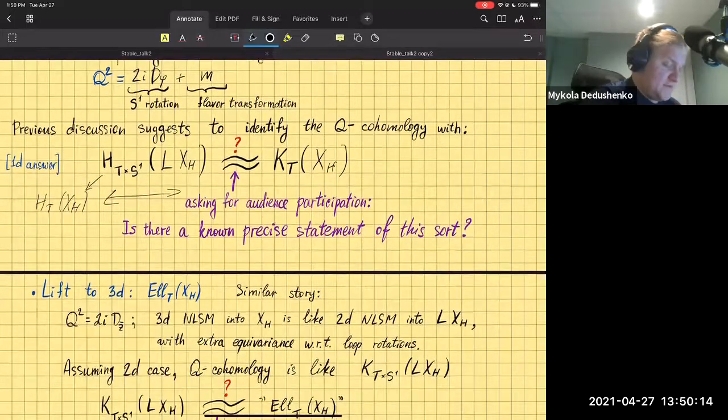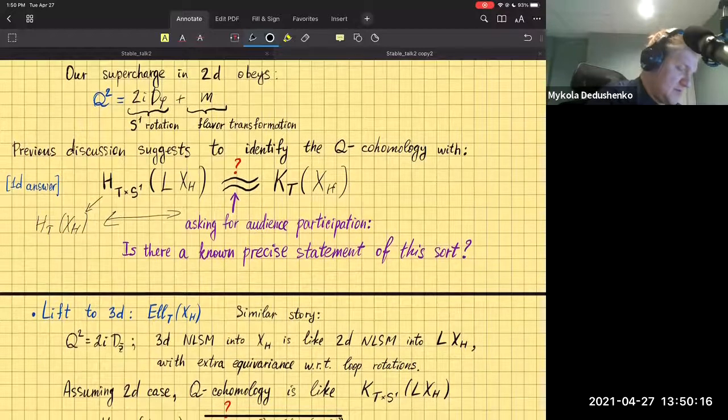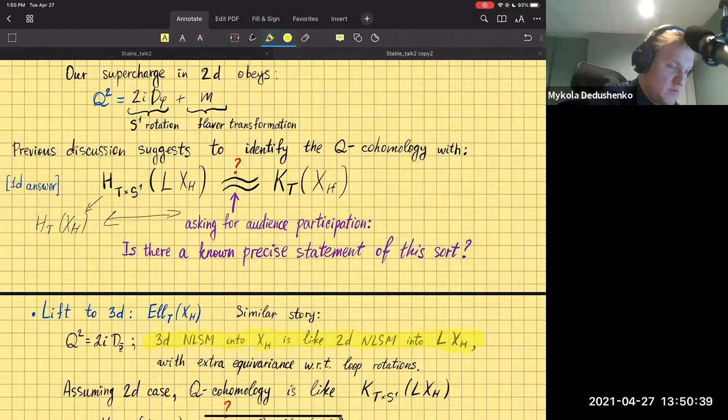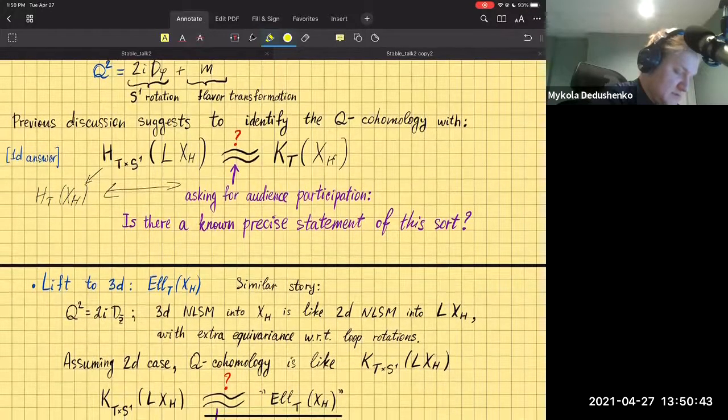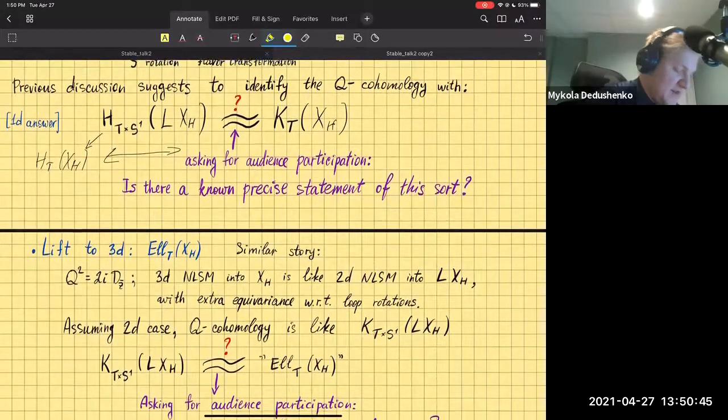Now we can also further lift to 3D, and then there's a similar story. In this case, as I said previously, the supercharge squares to the anti-holomorphic translation, and then this 3D NLSM into the Higgs branch is like a 2D NLSM into loop space with extra equivariance with loop rotations. And in this case, okay, there's an analogous question.